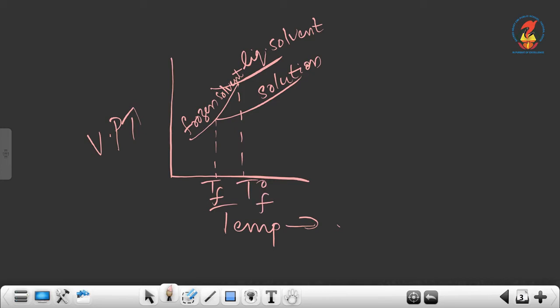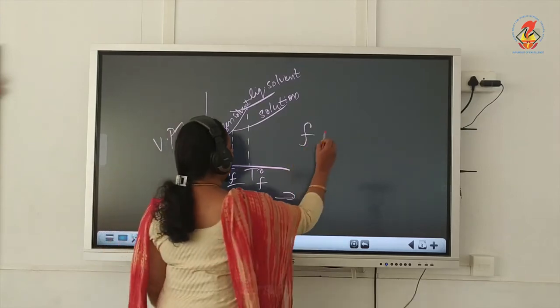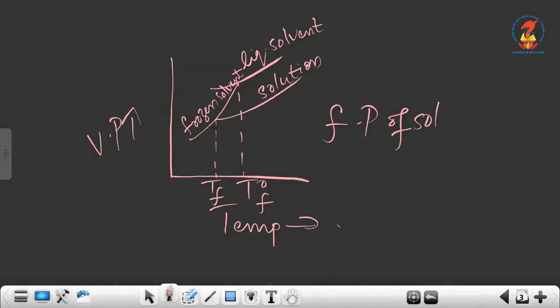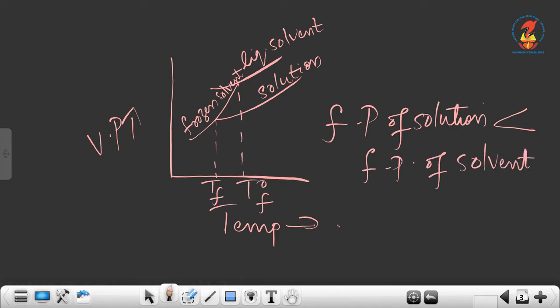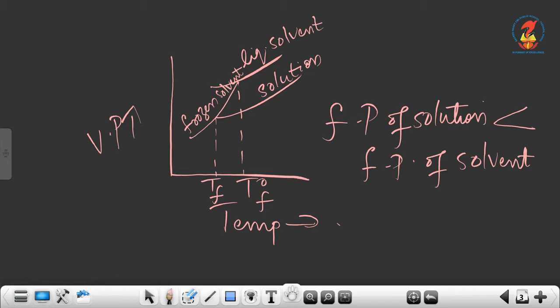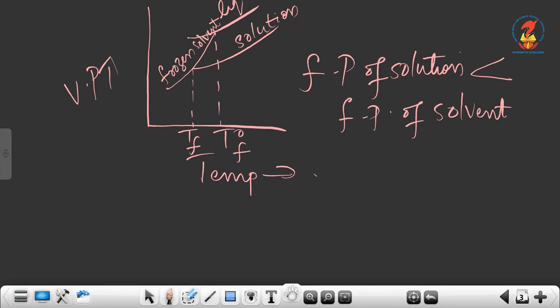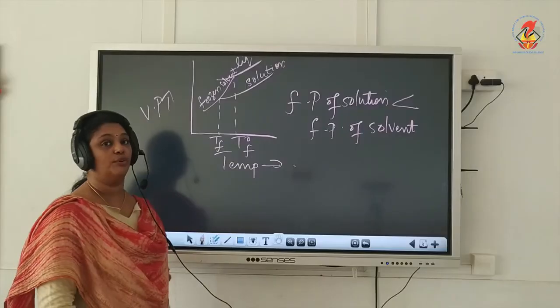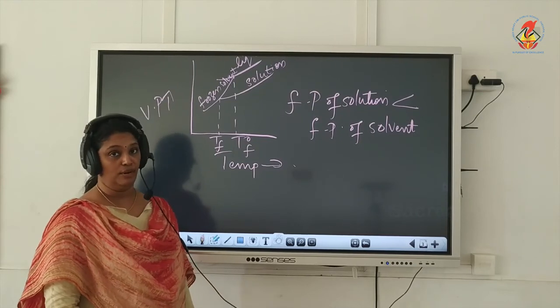And we know that the freezing point of solution is lesser than the freezing point of solvent. It is also clear from the graph. This TF is the freezing point of solution. Its value is lower than T0F, which is the freezing point of pure solvent. So this is the graph for vapor pressure against temperature for depression in freezing point.